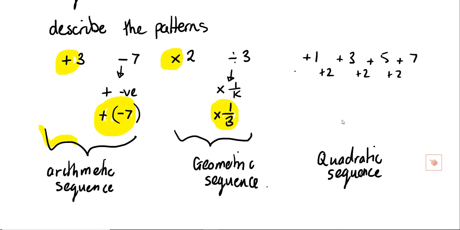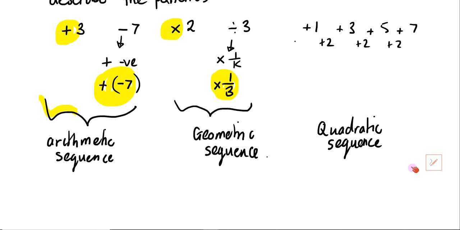What are you then expected to be able to do? Find a rule, okay. So you are then expected to be able to find the general rule. Now ask why.